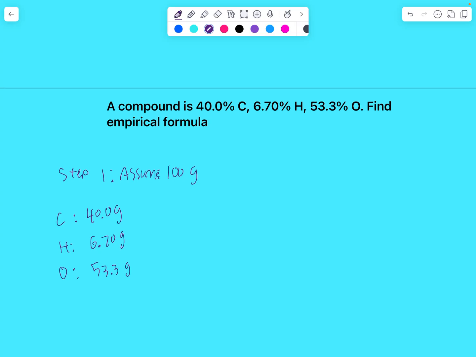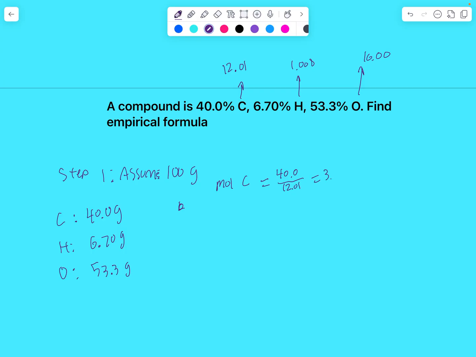Okay. Now, we're going to convert to moles. Use approximate molar masses. So C, just so you all know, and you'll see on your periodic table, C is 12.01, H is 1.008, O is 16.00. All right? So I'm going to write out the moles of carbon equals 40.0 divided by 12.01.